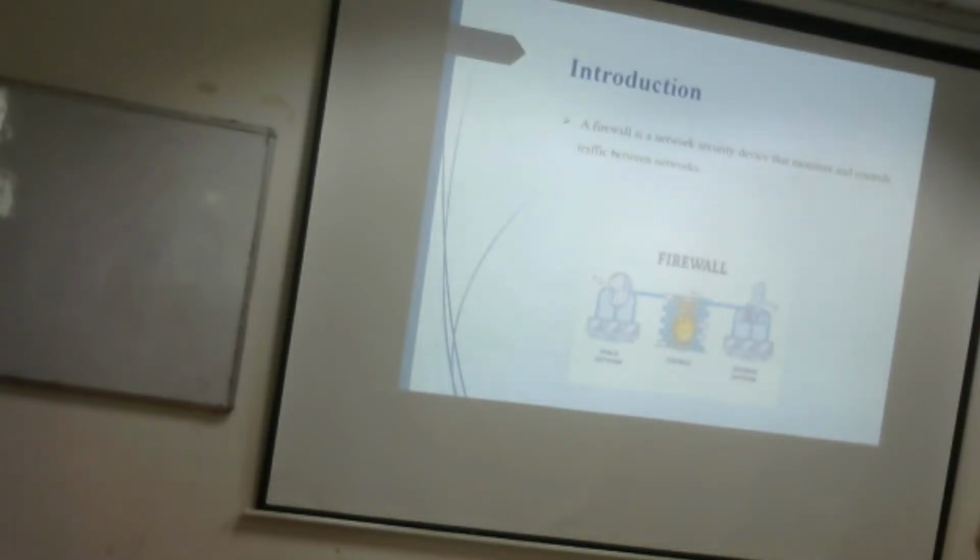Some organizations have funds, some don't. You need to explore which level is more effective for the firewall, network layer or application layer? Network, yes. Why? Because any traffic moves through the network only.